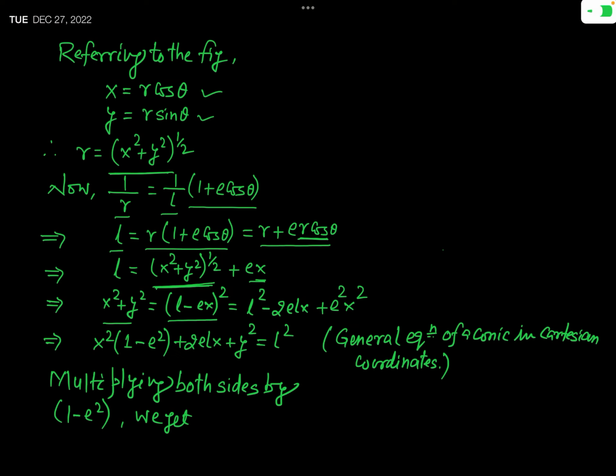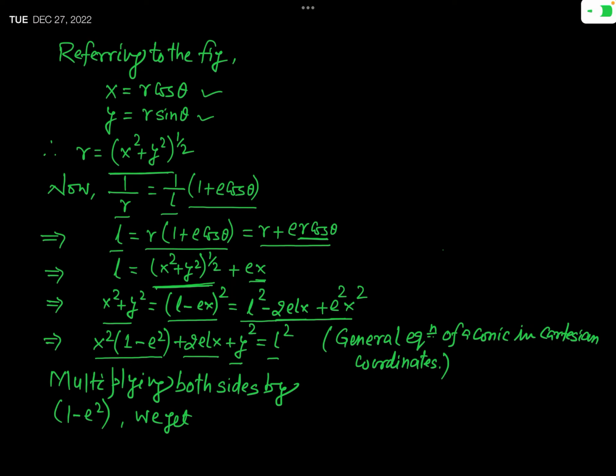And L minus ex whole square is simply L square minus 2eLx plus e square x square. Now take these two terms, 2eLx and e square x square, to the LHS, and your equation becomes x square times 1 minus e square plus 2eLx plus y square equal to L square.